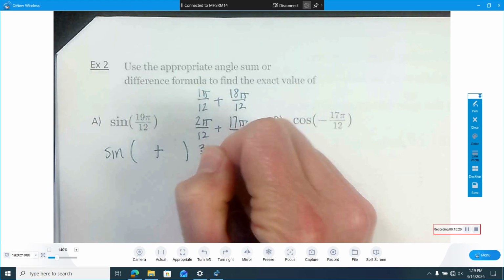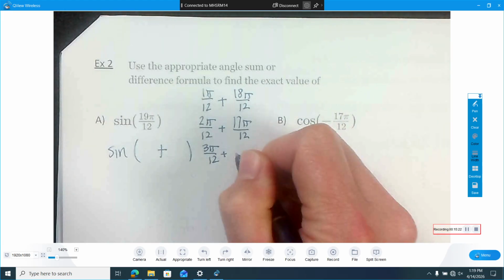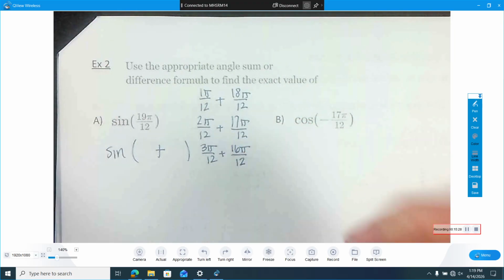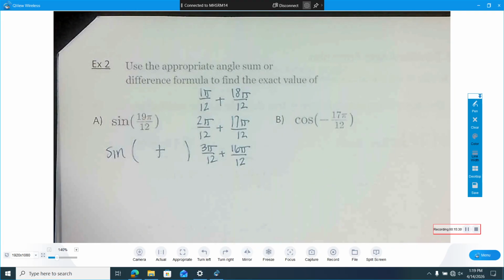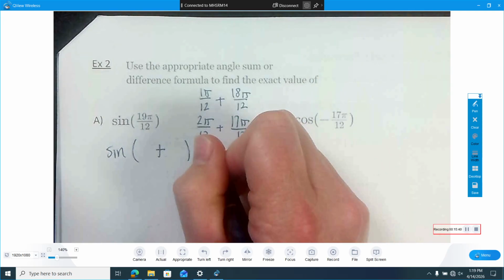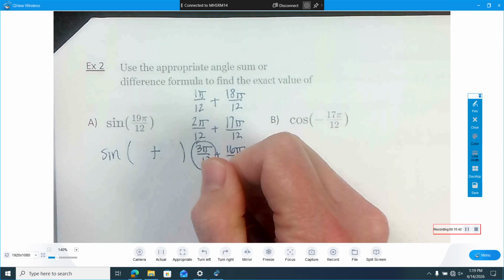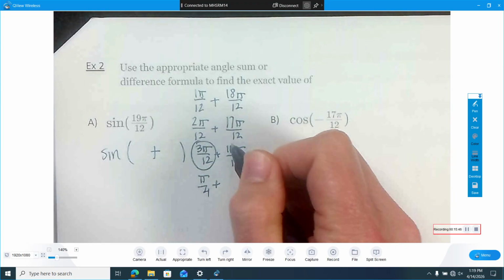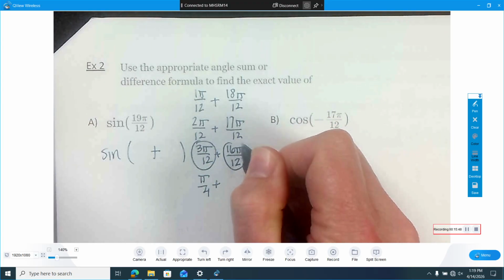3 pi over 12 plus what? 16 pi over 12 gives me 19 pi over 12. So I'm just creating a list, right? That's not too hard, right? Does 3 pi over 12 appear on our unit circle? That one reduces to pi over 4. And does 16 pi over 12 reduce?